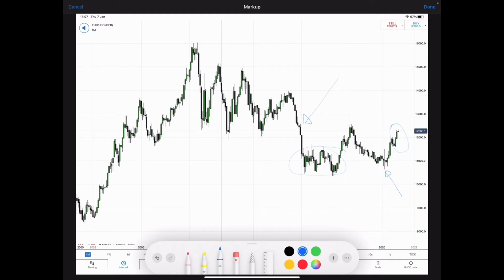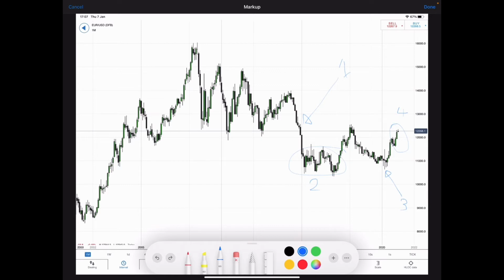I'll put a number 1 here, number 2 here, number 3 here, and number 4 there, and I'll give you my perspective on each one of these areas and why they're important to me, and why, for example, I didn't make a note of this high here or this move here, because there's loads of stuff going on this chart, but it's these 4 areas that really stand out for me.